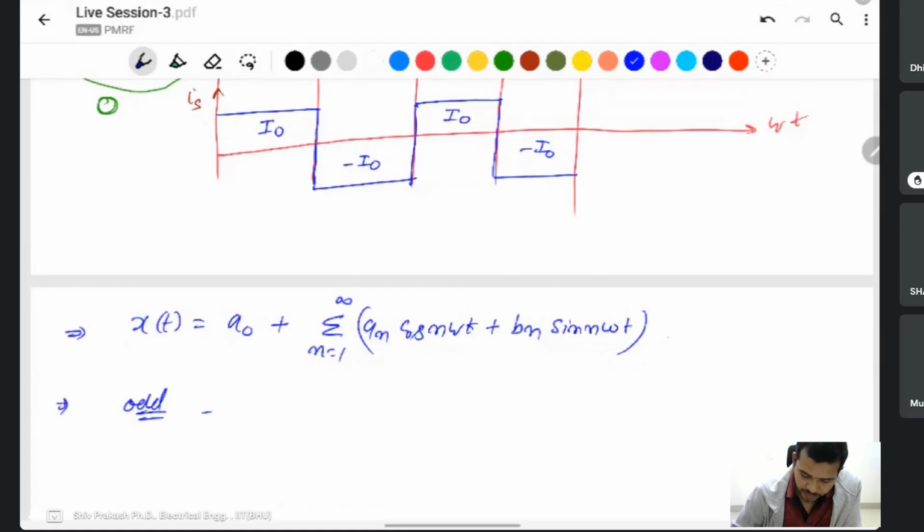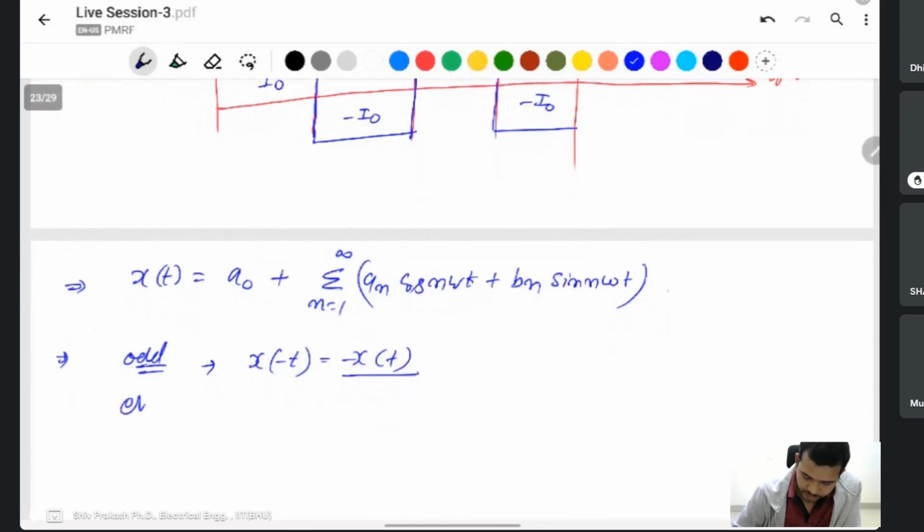Odd means if you apply x of minus t, then you find minus x(t). Even means if you apply minus t, you find x(t) only.